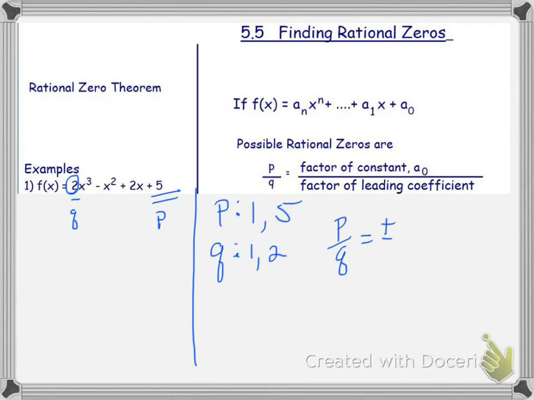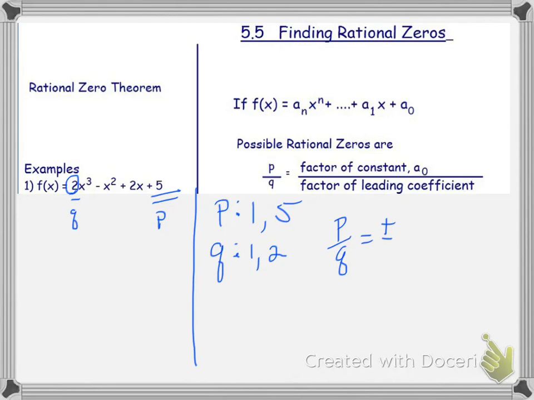And then I would go through and do all of the p's over the next q. And if there was another q, I would use it over that. And that way I'm finding all the possibilities of any p over any q.